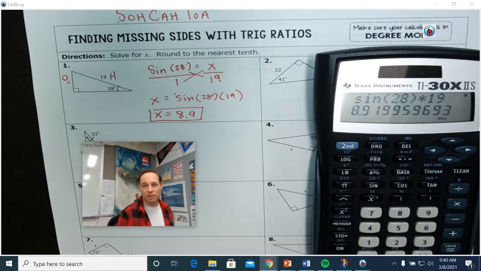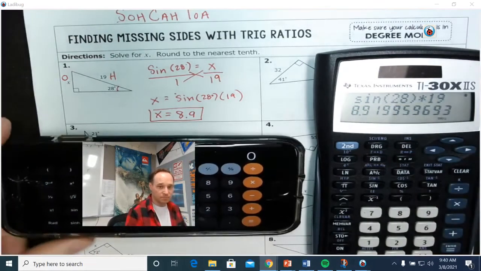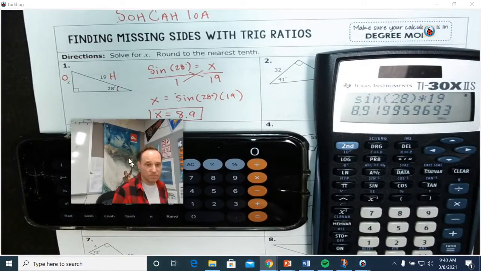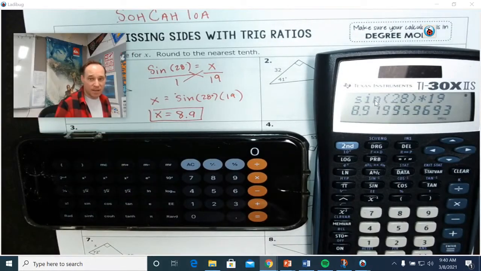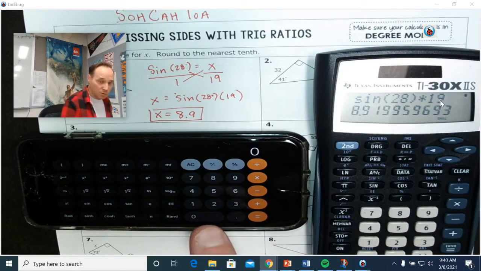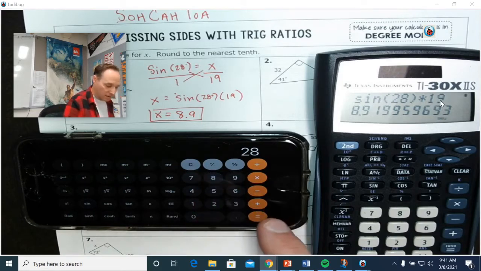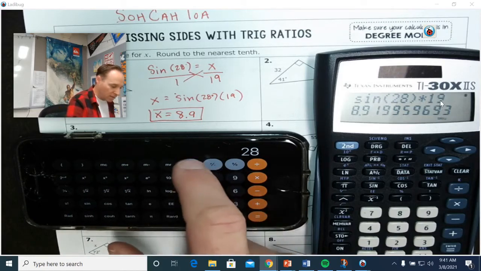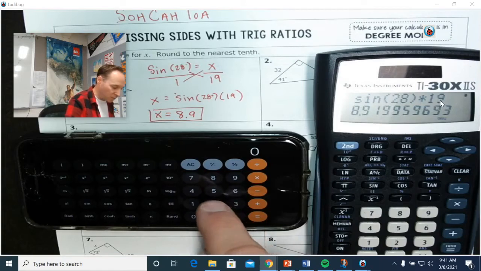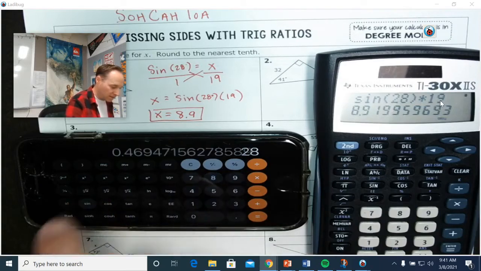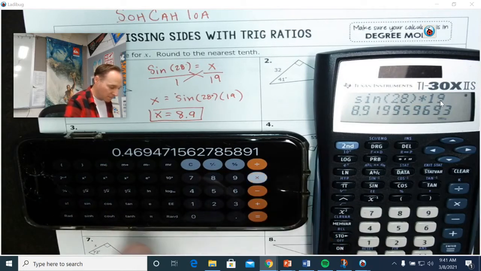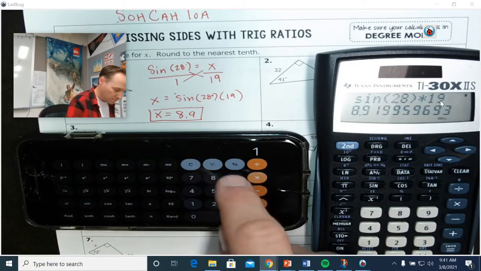Sorry, I just wanted to look at something real quick. Oh yeah, I was going to show you how to do it on here. So notice on the calculator, let's get my face out of the way again. On the calculator, you had to hit sine, then the degrees, then times 19. On the phone, if you do that, sine of 28 gives you nothing. So on this, you have to hit the angle first, 28, then hit sine, then times that by, what was it, 19?